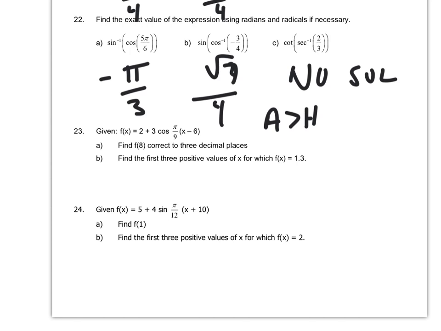For 22, given this, you're going to plug this into the calculator again in radian mode, and you're going to graph this, and you're going to find that f of 8 is 4.298, and the first three positive values.